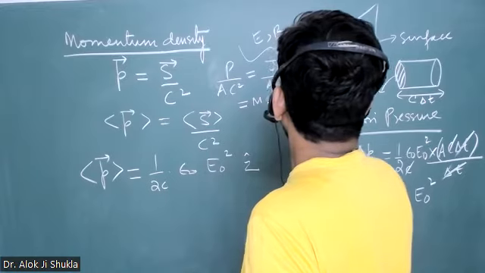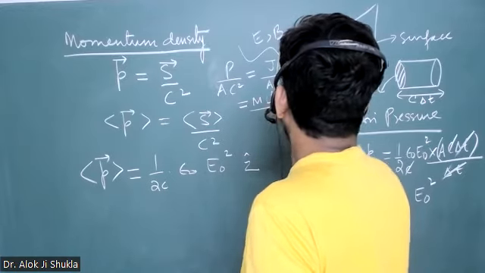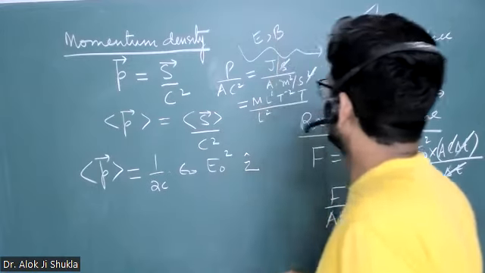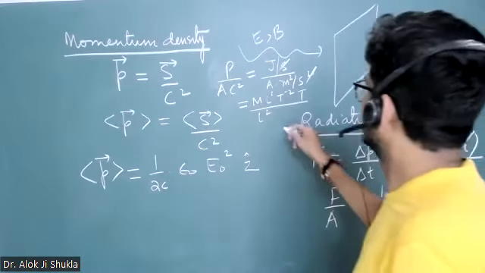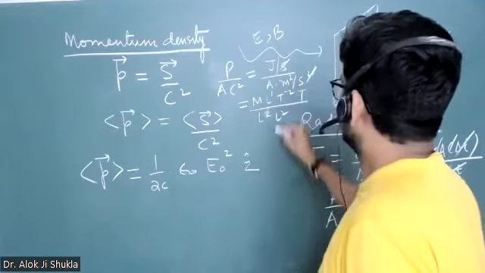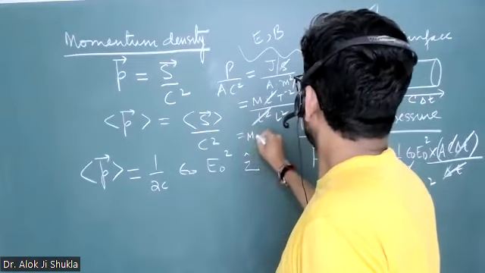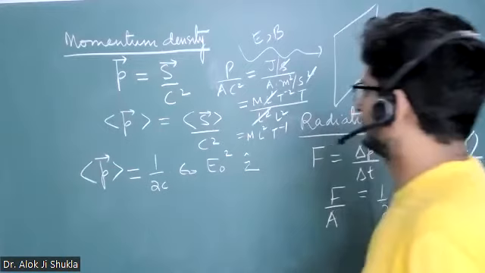Okay, and into 1 T na upon L square. This is area na, and this is L to the power 4. So L square, L square. So L square cancels. So it will become M L square T to the power minus 1.